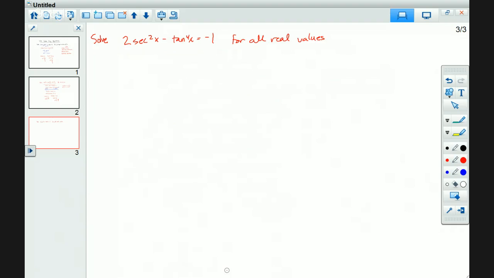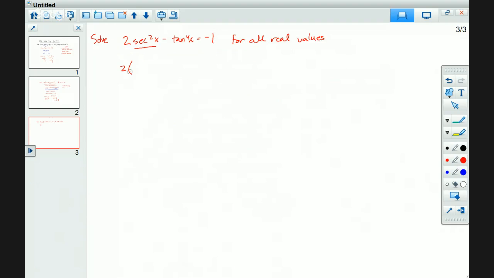We could change this to sine and cosine, yeah. Might create more of a mess than we want to deal with. Look for identities. Is there one that I can substitute to make them both tan or secant? Like secant squared is tan squared x plus 1 or minus 1?